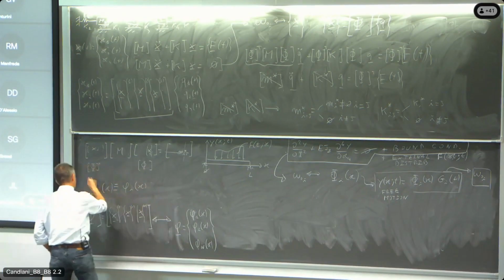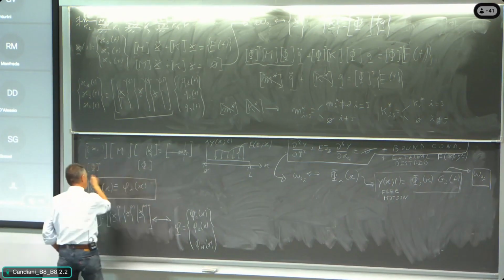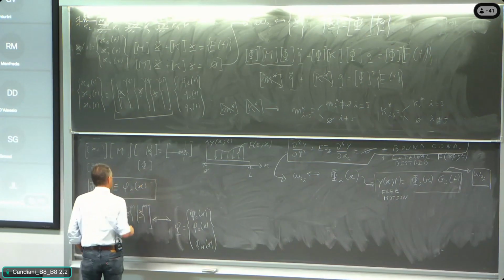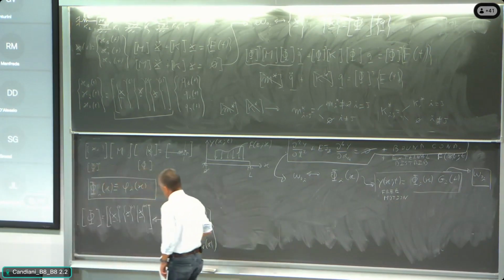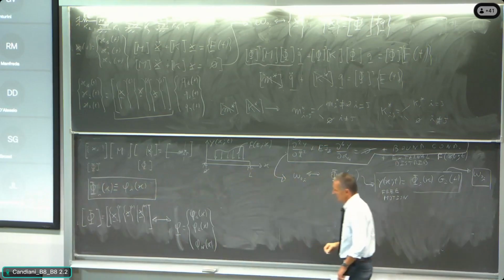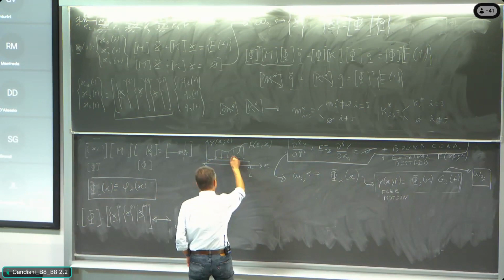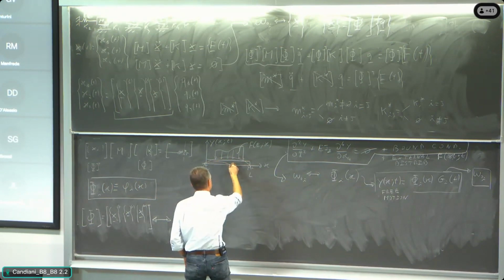So the functions phi, functions of the space of the continuum, are the eigenfunctions, the modal shapes, the objects that I am drawing here. Those are the functions phi. So this is phi 3 as a function of x.